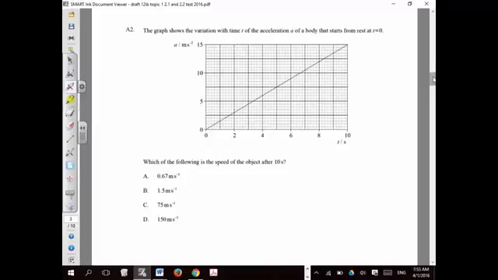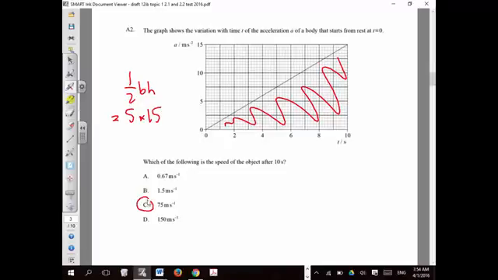It's really going to be the product of the acceleration and the time. And so this area under the graph here is going to be equal to half base times height, which is half of 10, 5, times 15, which is 75 meters per second. There we go.